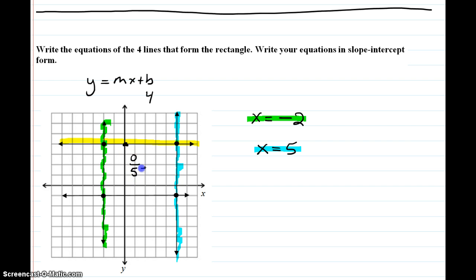So 0 over 5 just becomes 0, and so you end up having an equation that y equals 0x plus 4. And you could technically write that, but when you have a 0 times x, you might as well just go ahead and write it as 0, and 0 plus 4 is just 4. And so the better way to write this one is just y equals 4.